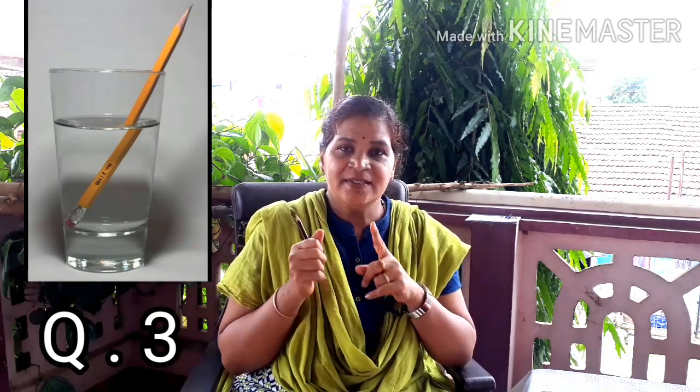Third question was about a pencil. A pencil which was placed in a half filled glass of water appeared to be bent. What was the reason for this? The reason is refraction. We know that light rays are passing from the sun. These light rays, when they hit an object, opaque objects or transparent objects, they try to bend and move away, the waves.